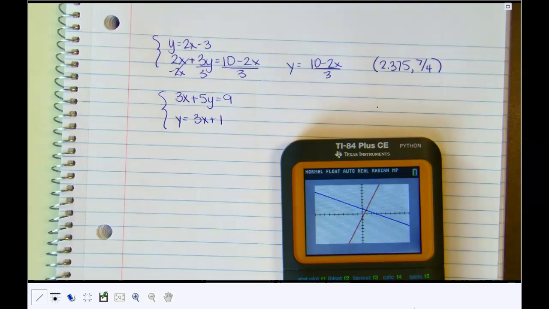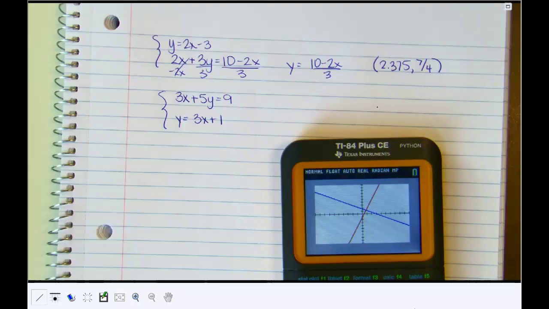Okay, now go back to the four. There you go, now go up and enter, and then go over. Now they're off.